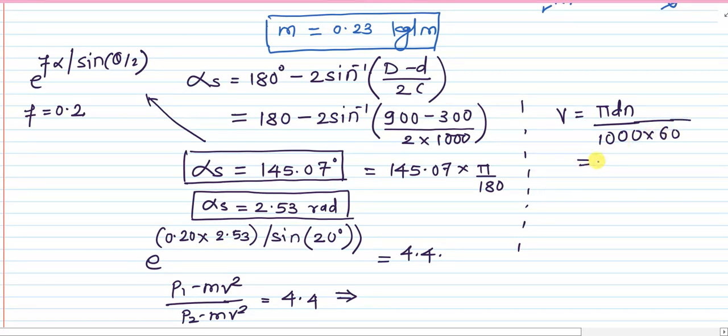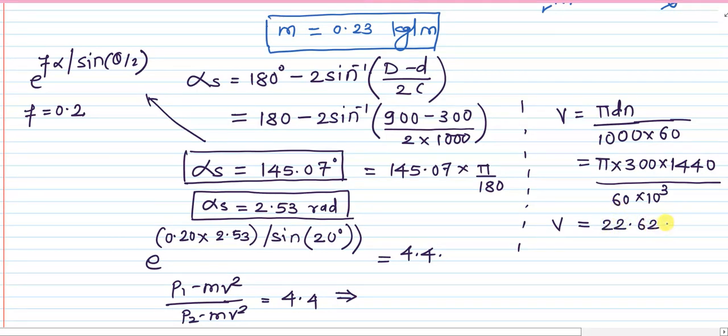So now pi into, let us say we are taking the diameter of the smaller pulley, so it is 300, speed of rotation is 1440, divided by 60 into 1000, 60,000 in plain language. So the velocity comes out to be 22.62 meter per second.